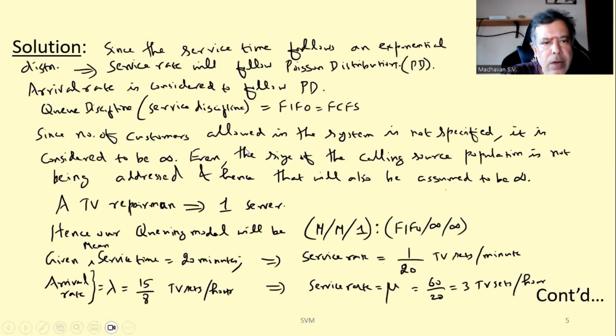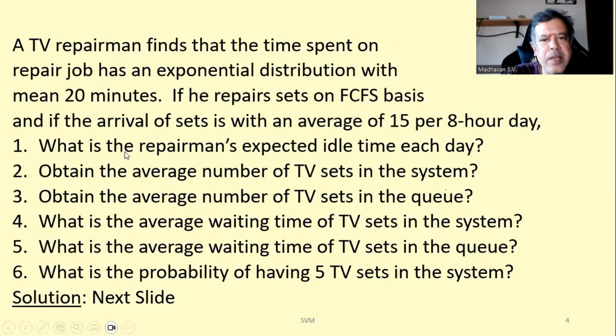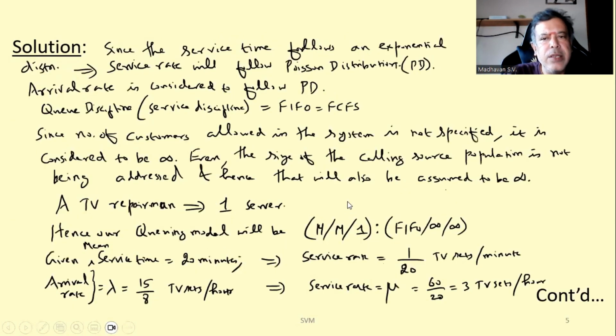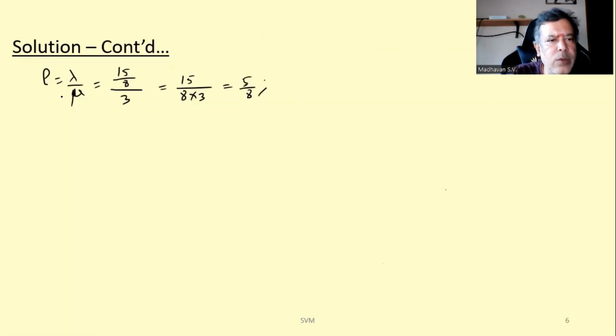Now, what are the questions being asked? What is the repairman's expected idle time each day? So this rho, whatever we calculated, is our service utilization factor.